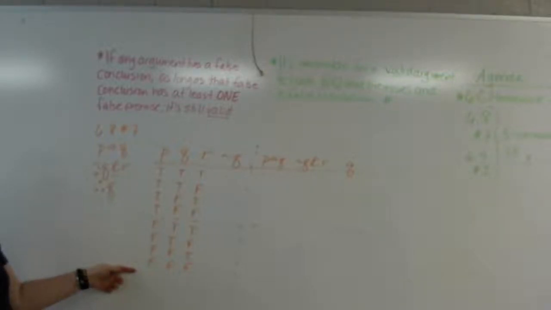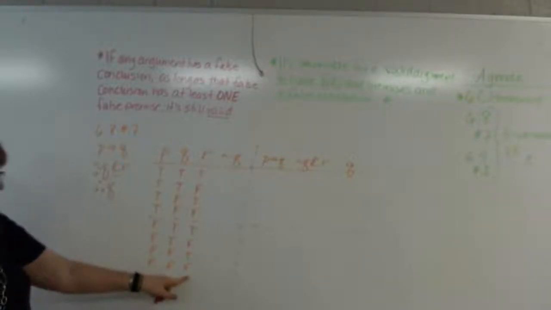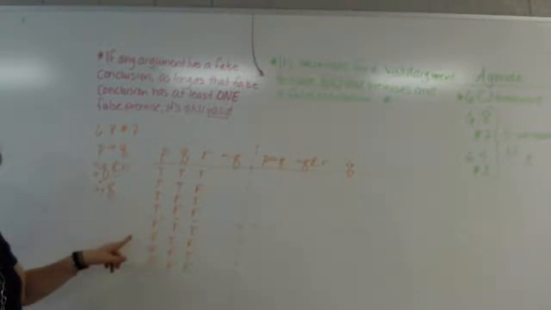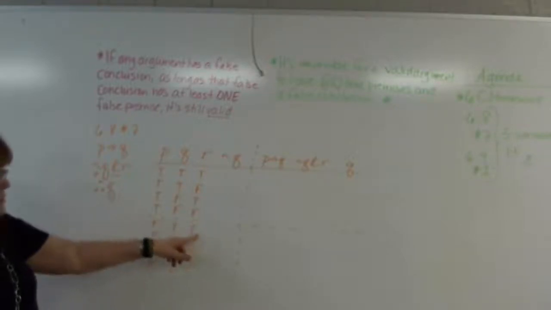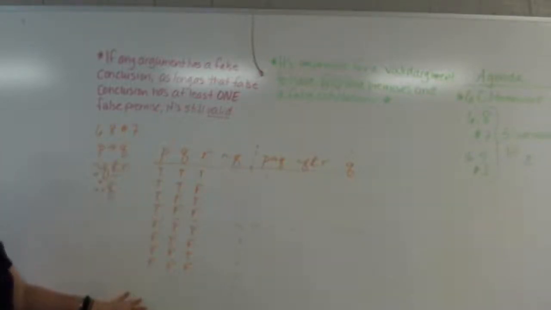The possibilities for these 3 variables to work together, these are the only combinations they can be in. And it's all of them, and each of them is different. I have 3 falses, 2 falses and a true, the true in the middle, a false and 2 trues. Every single line is different, and those are all the possibilities for these 3 to be in combination.